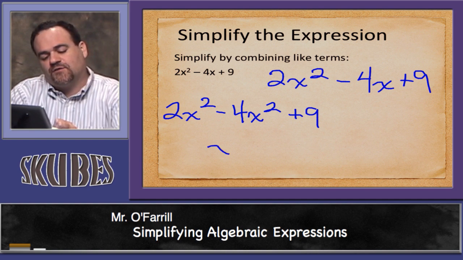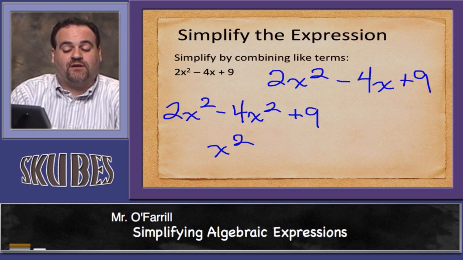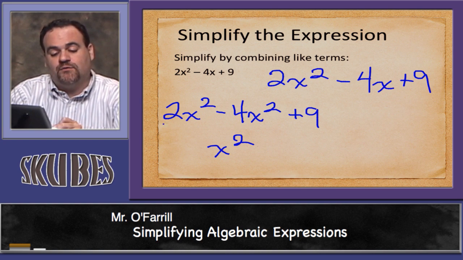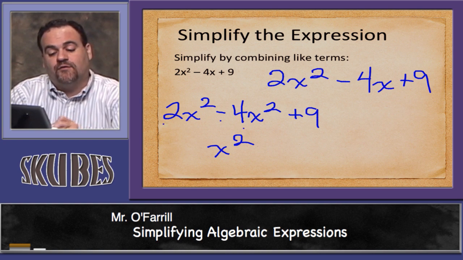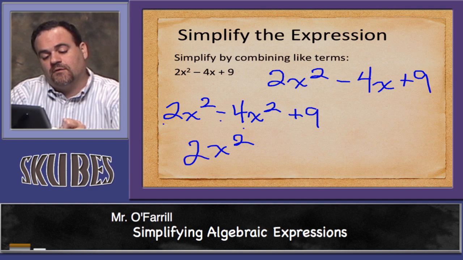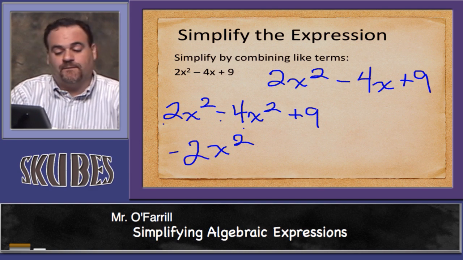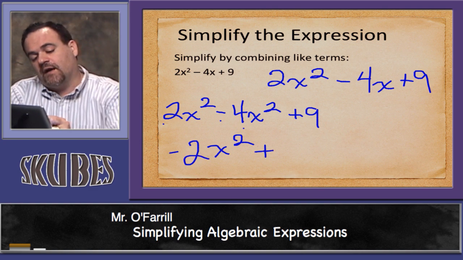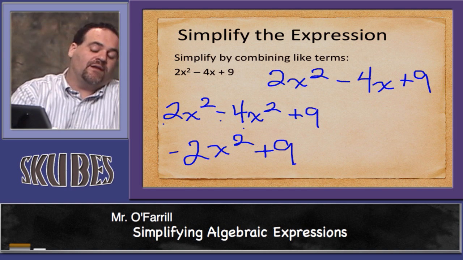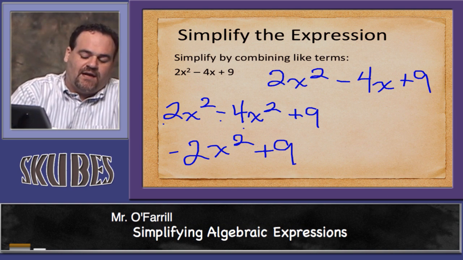So we'll leave the x squared alone, which is the thing they have in common, and we're going to do 2 minus 4, which is negative 2. And 9 still doesn't have anything in common, so we'll just bring that down. And we end up with negative 2x squared plus 9.